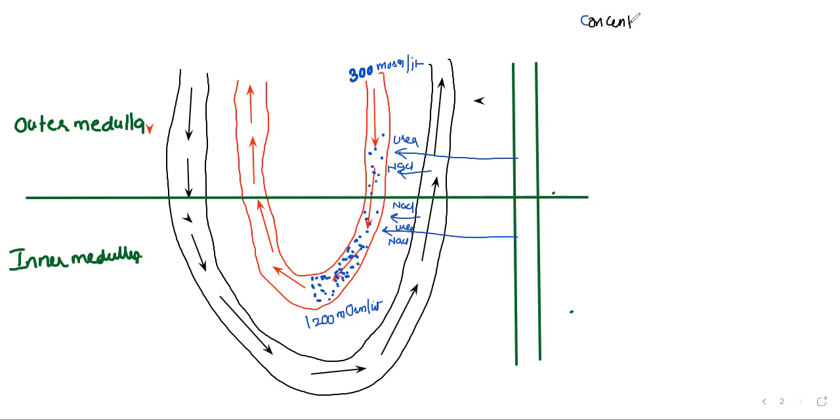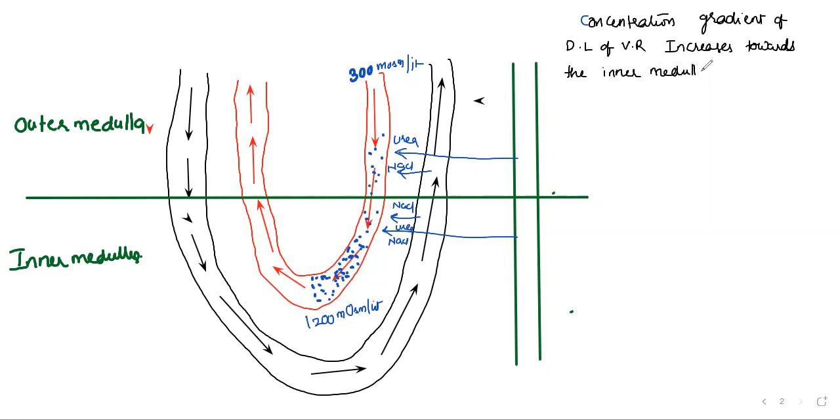I am writing: concentration gradient of the descending limb of vasa recta increases towards the inner medulla, that means from outer medulla to inner medulla. This is NCERT language. Then why?